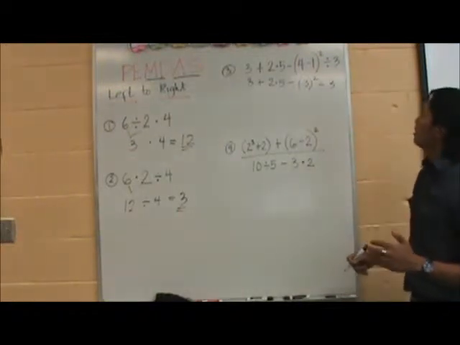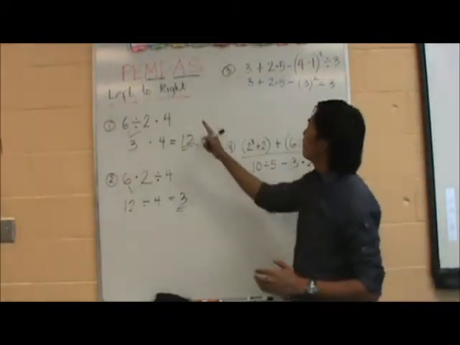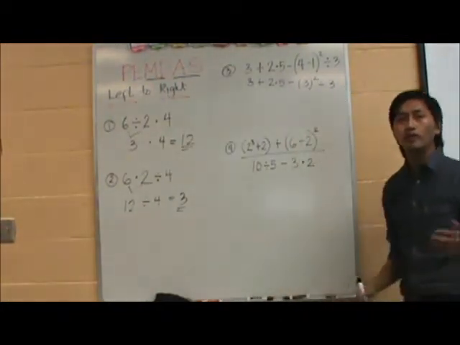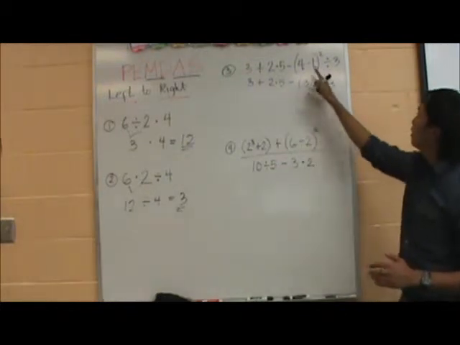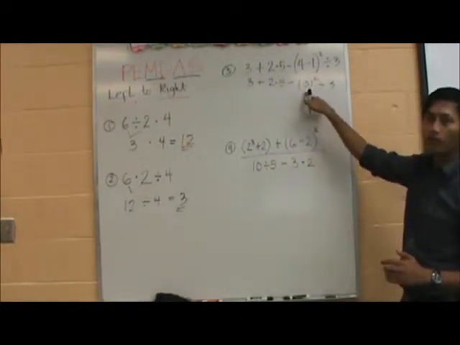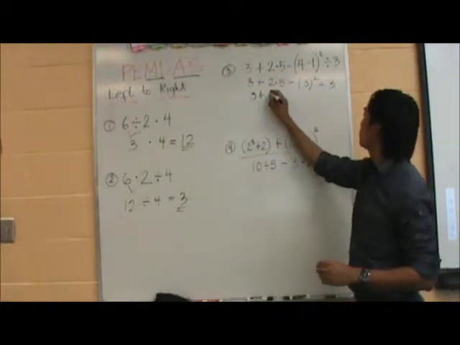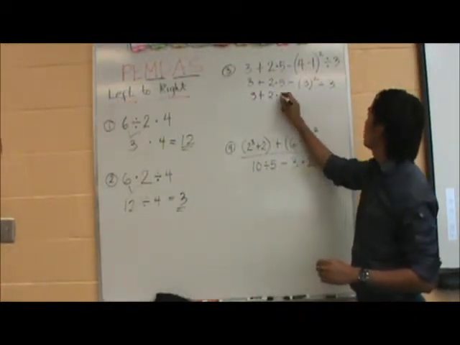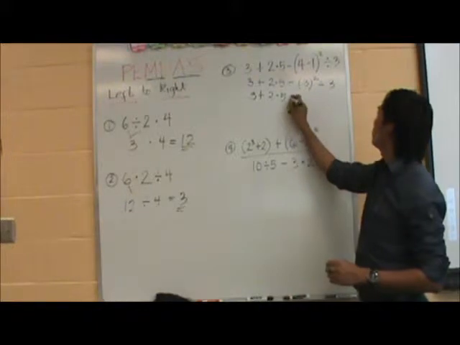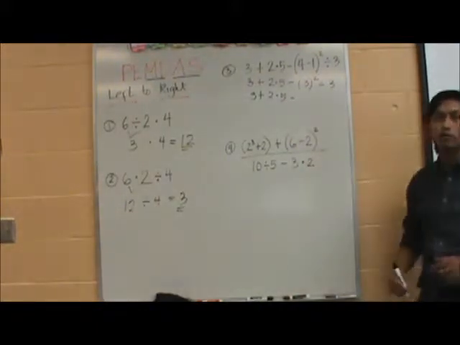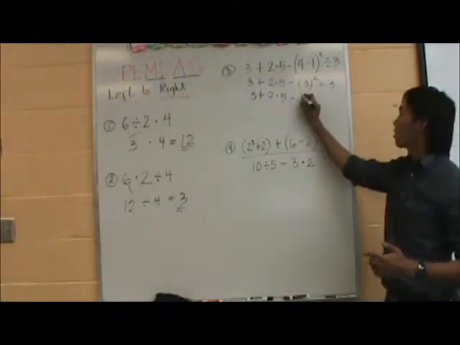Next we need to do the exponent. We need to simplify 3 squared. We're going to copy 3 plus 2 times 5 minus, and 3 to the second power will give you 3 times 3.